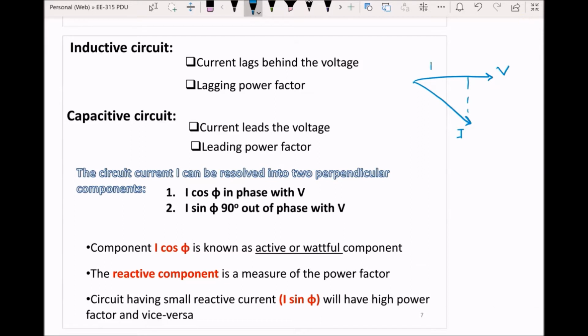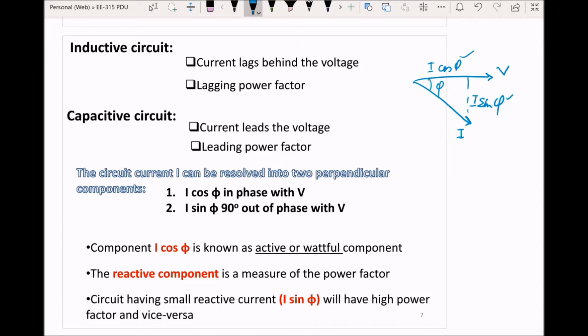This was the cosine or the x component, and if this was phi, this will become the sine component across the y-axis. Okay. The current I can be resolved, as I said, into x and y components.